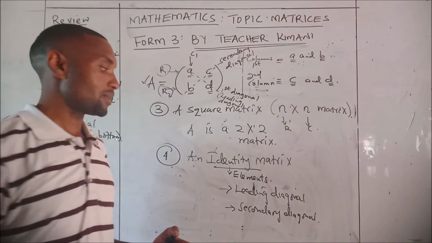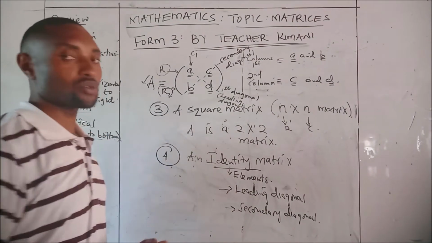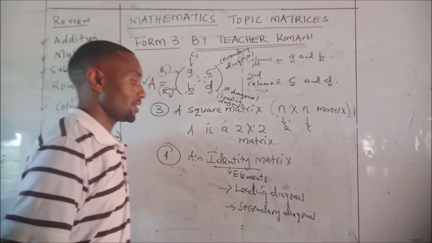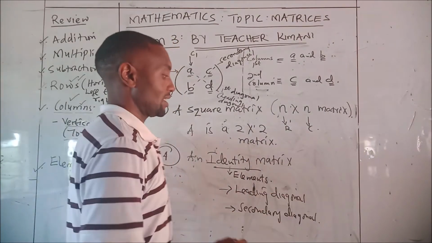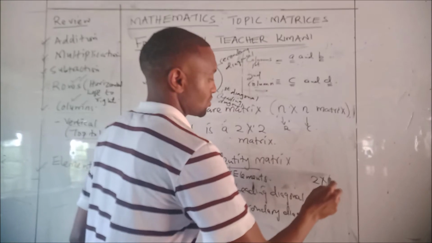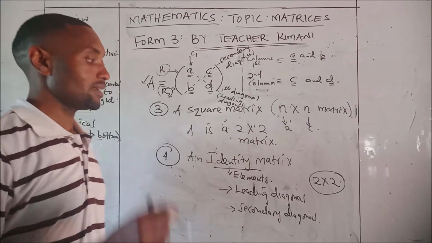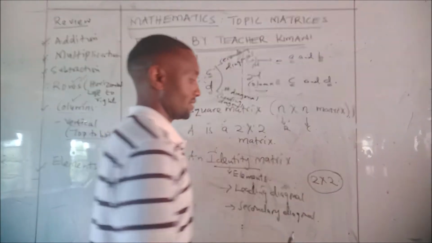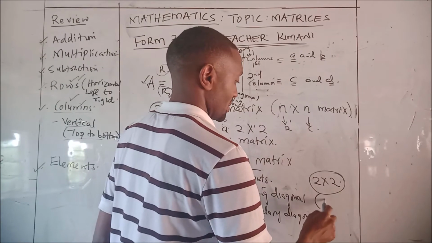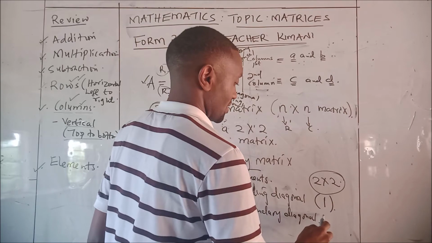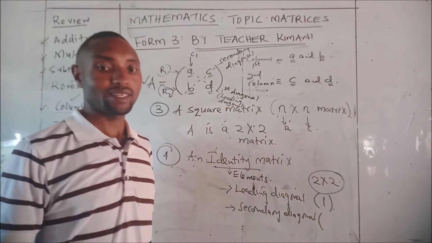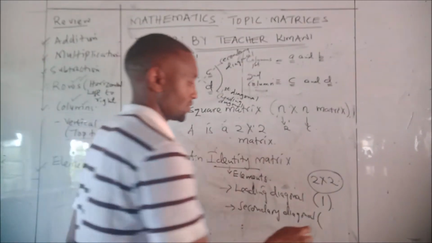For an identity matrix, that is for a 2 by 2 matrix, you'll find that the leading diagonal comprises of 1. So we have 1 as a value. For the secondary diagonal, we have 0.